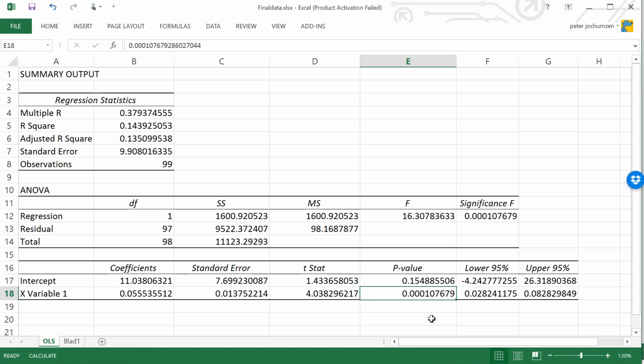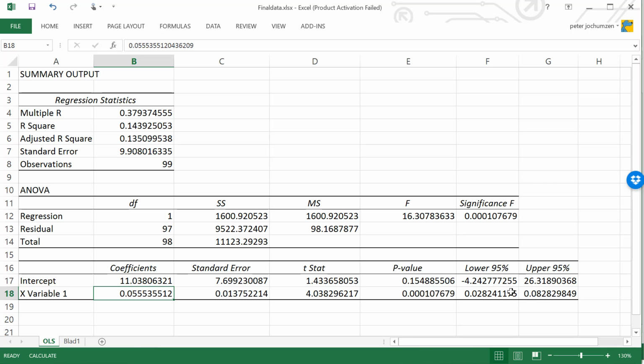I of course mean that we do reject the null that the beta 2 is 0 at the 5% level. This coefficient b2 is significantly larger than 0. Well, if that's the case, if we have rejected the possibility that b2 is 0, then 0 will not be included in the confidence interval.